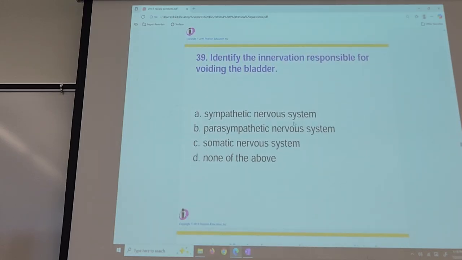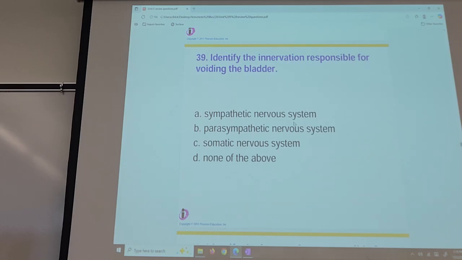Identify the innervation responsible for voiding the bladder. A. Oh, that's a good one. Okay, so if you're in a fight or flight situation, do you have time to go to the bathroom? No, you don't. So what's the answer? B. Are any of these answers going to be somatic?